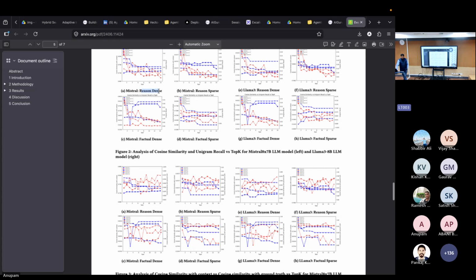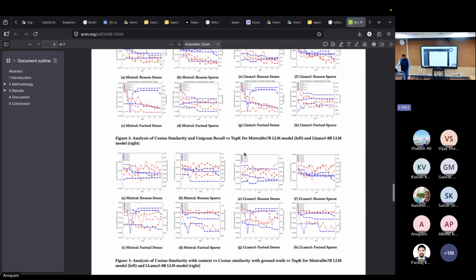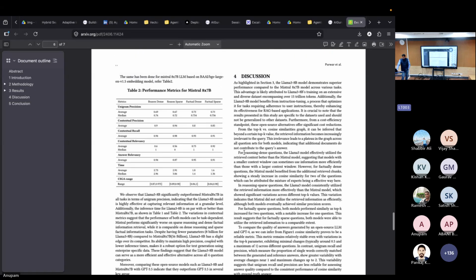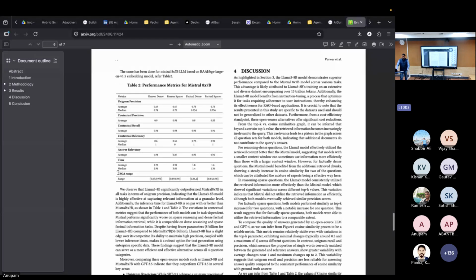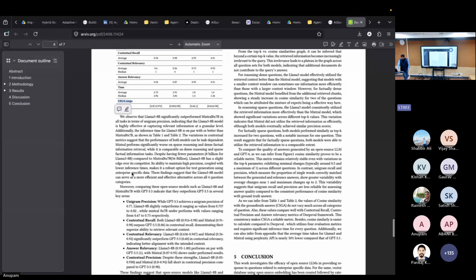There were data sets which had dense information, and the questions were related to reasoning. Then there were data sets which were sparse in information, and the questions were related to factual info. We did that benchmarking, and what we found is that if you just optimize for this one metric, you are safe. You don't have to worry about all the other metrics.